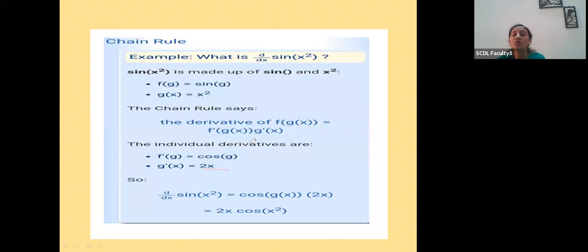Like this way we have to find each individual derivative, and after that put them in our formula. It will be easy for solving. So first f dash of g, that is nothing but cos of g of x, then g dash x.